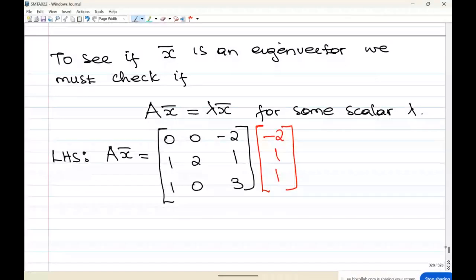So when you multiply this, what is your Ax, colleagues?